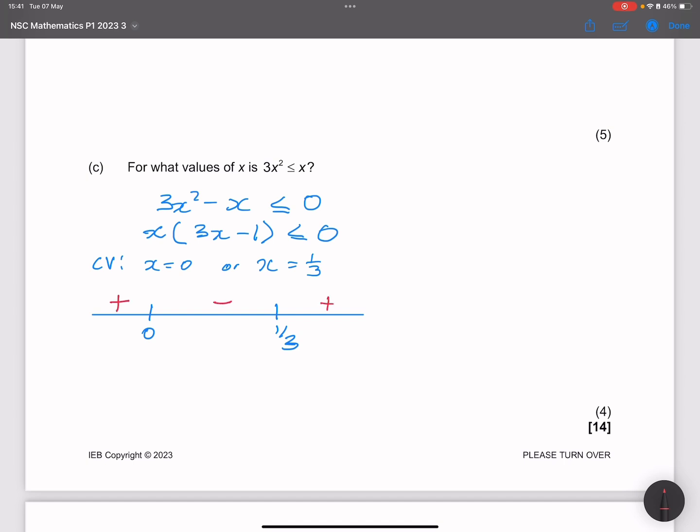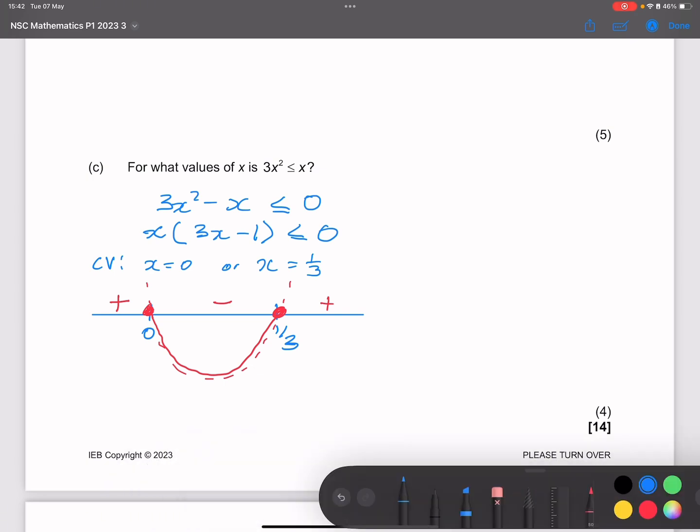Remember, this represents a parabola, and the critical values are our x-intercepts. So where is our parabola less than 0? It's definitely between 0 and 1 over 3. And remember, we will include those because they said less than or equal to 0.